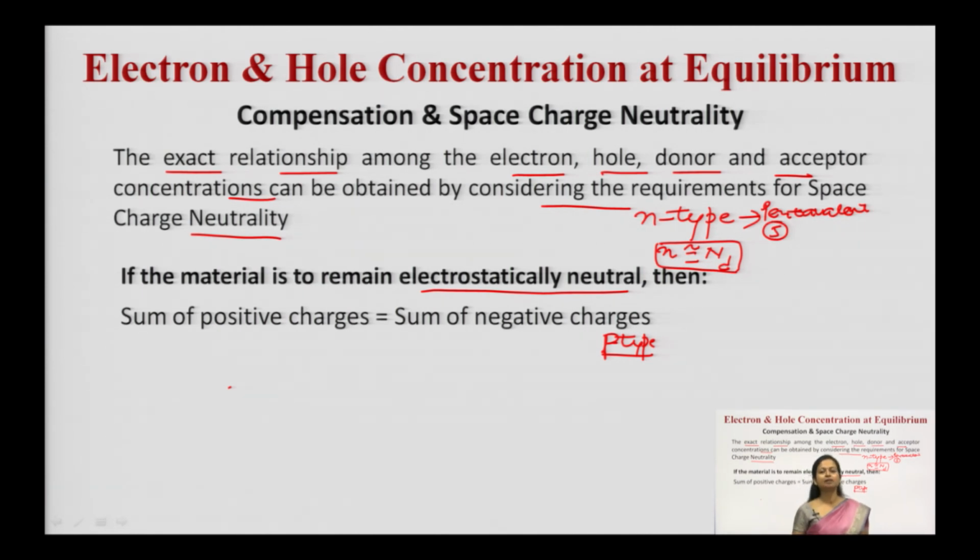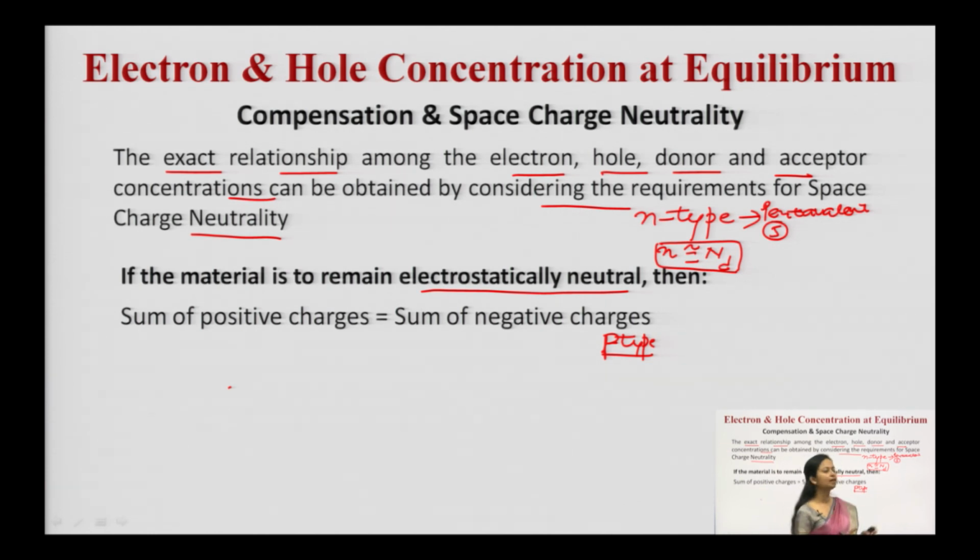At the same time, in p type semiconductor, each impurity atom is contributing 1 hole, and the charge on a hole is represented by a positive value. So what I have told you: in n-type semiconductors, the majority charge carriers are electrons, the charge on the electron is negative, while the donor atoms donate 1 excess electron, so the charge on the donor atom is positive.